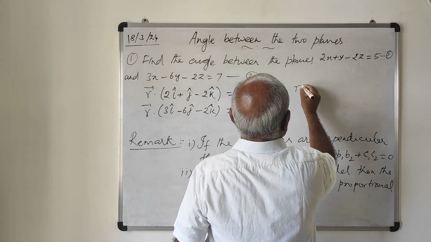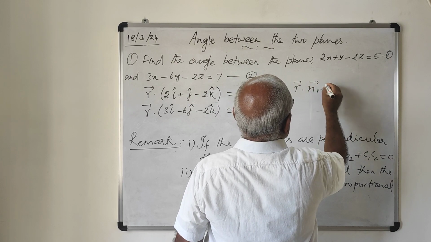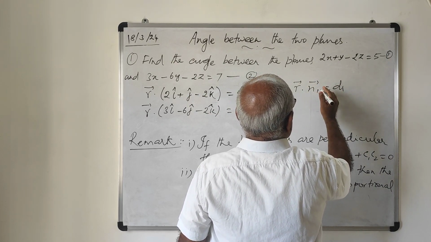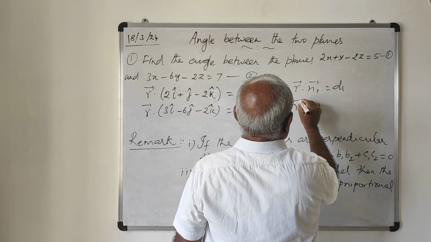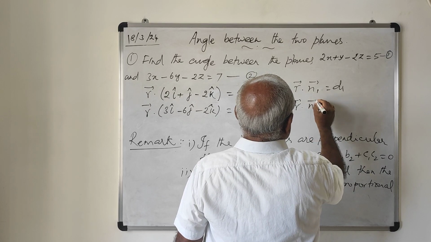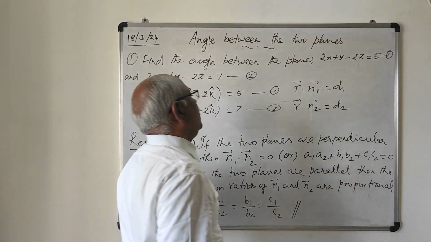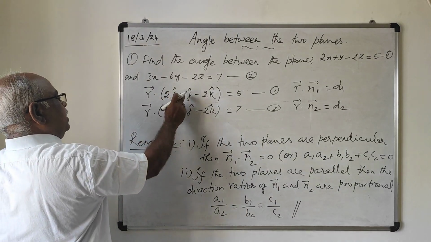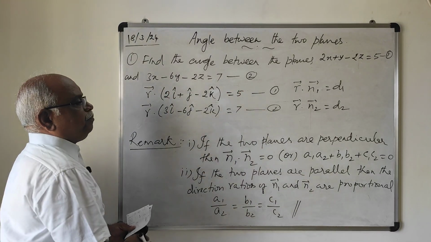These two planes are given in the form r dot n1 equals d1 and r dot n2 equals d2. This is the n1 vector and this is the n2 vector, and this is d1 and d2.